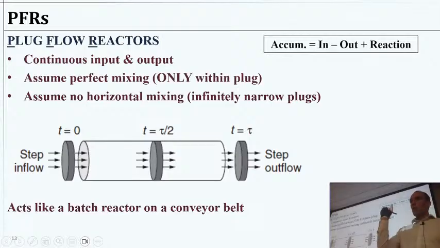So we're assuming perfect mixing within that plug, that little slice of water that's moving along, and no horizontal mixing at all. That's the reason that if we take one slice and follow it along, if it's not mixing with its neighbors, but it is mixed vertically or within itself, then it's essentially a batch reactor that's just moving along.